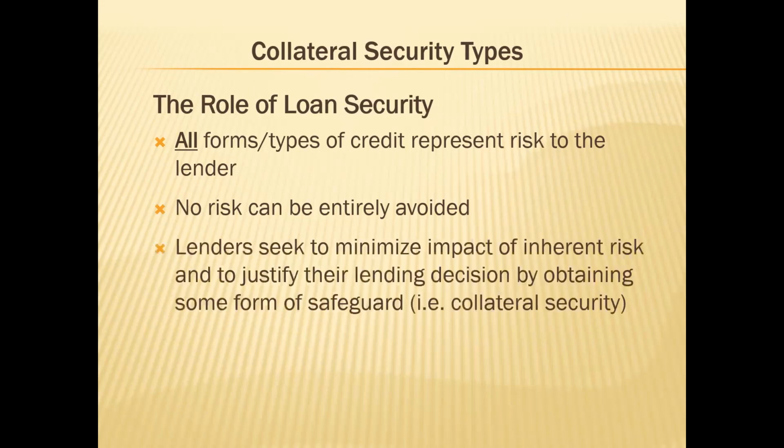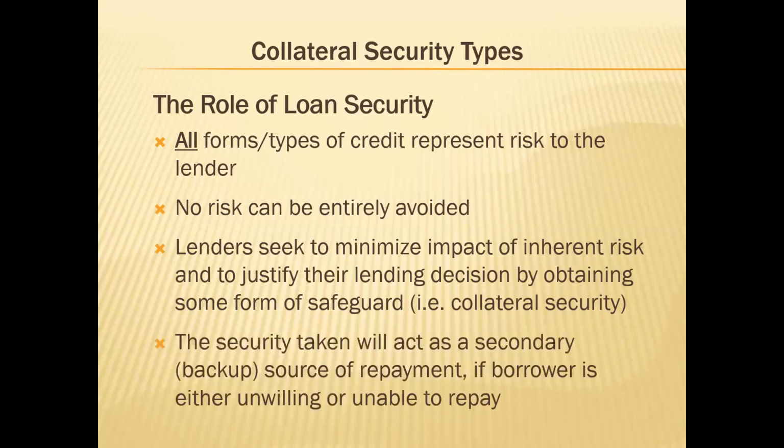That takes us to our next point. Lenders seek to minimize or mitigate the impact of inherent risk and to justify their lending decision by obtaining some form of safeguard, that is collateral security. Under CAMPARI, it's insurance, and under the credit C's it's collateral. The security taken by these financial institutions will act as a backup or secondary source of repayment, that is, if the borrower is either unwilling or unable to repay.